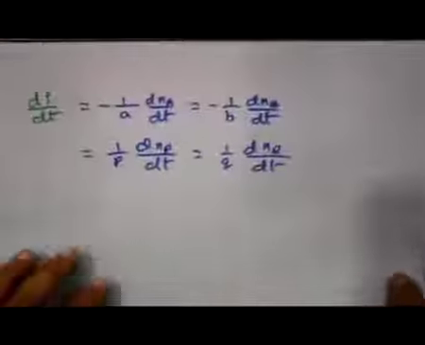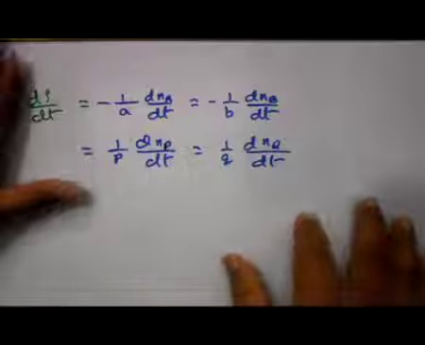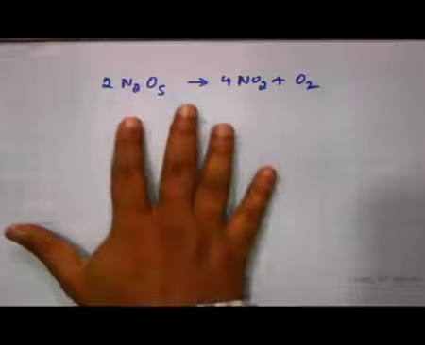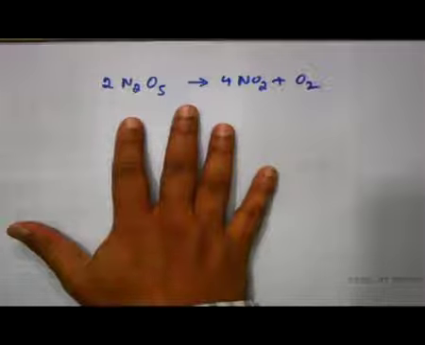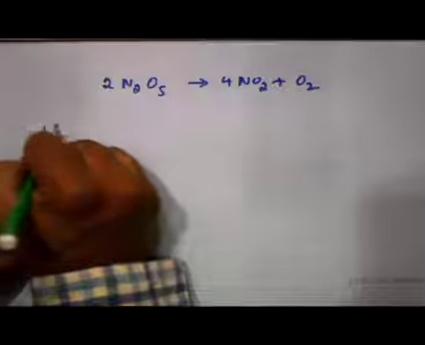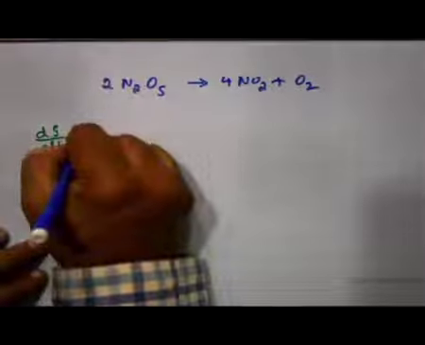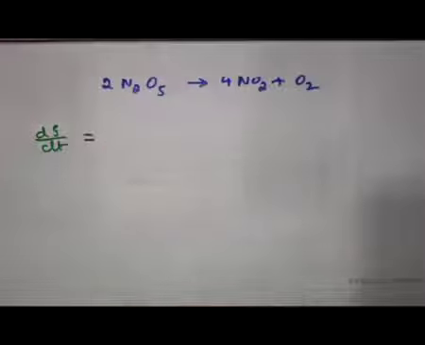Then what can I do? I go back and I look at this definition of d psi by dt. Based on this definition, can I write down the degree of advancement of the reaction for this specific equation? How do I write it? So, I write d psi by d of t is equal to, let us consider the reactant first.